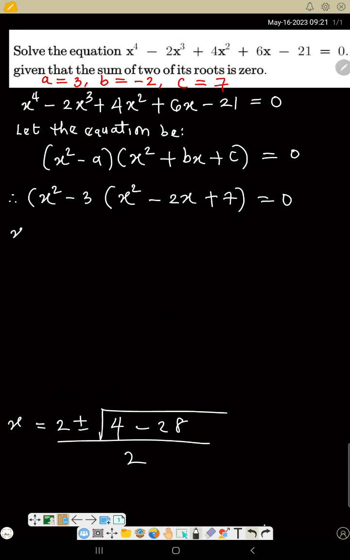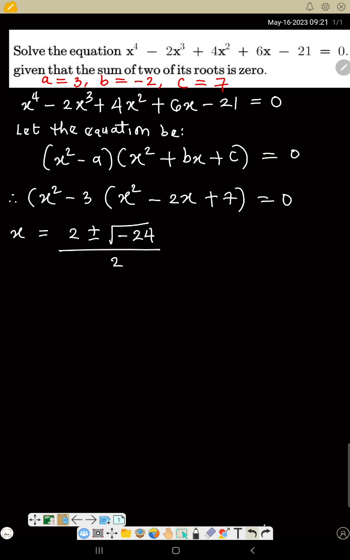So we have s is equals to 2 plus or minus square root of minus 24 divided by 2, because 4 minus 28 is minus 24. So x is equals to 2 plus or minus, so change this to another form.